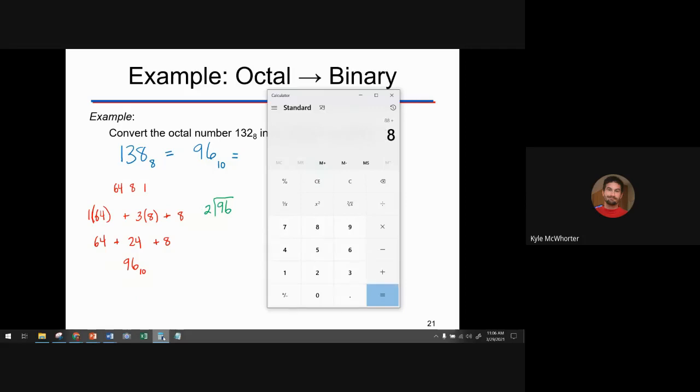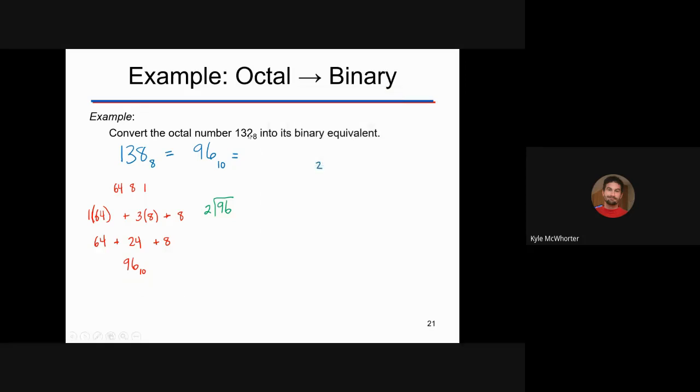Oh, that's what I did wrong. I copied down the number wrong. I did 138 instead of 132. Let me fix it. That's supposed to be a 2, which means that number is going to change.